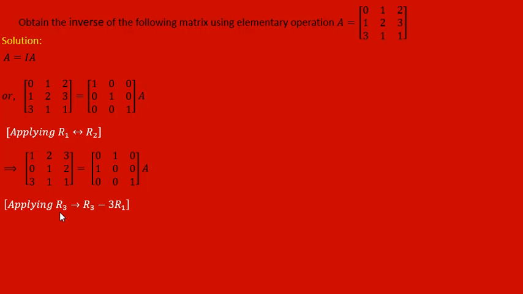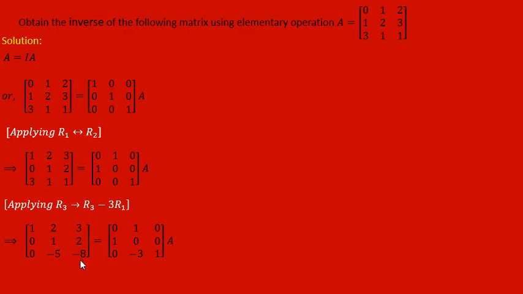So my elementary operation will be, on R3, I will subtract 3 times R1, right? So corresponding elements: I will subtract 3 from 3, I will get 0. Then I will subtract 3 times 2, which is 6, from 1, so I will get minus 5.